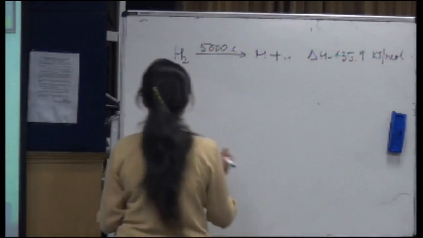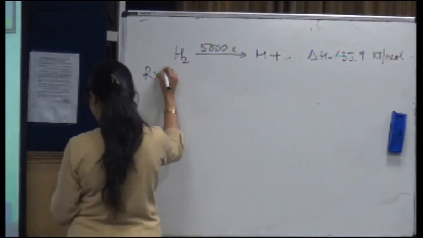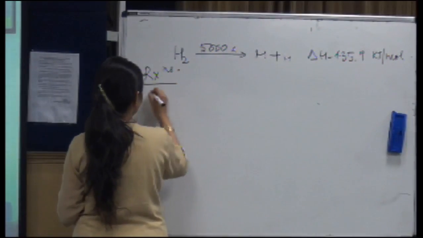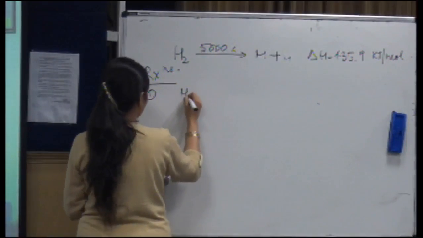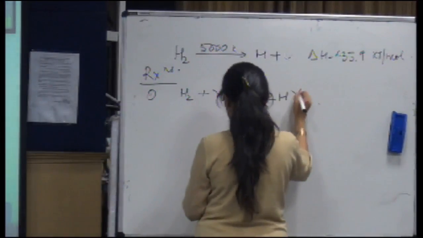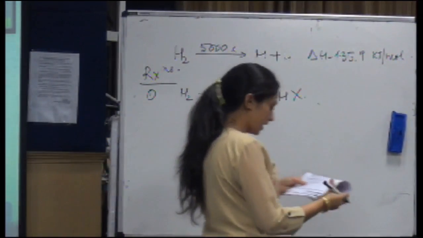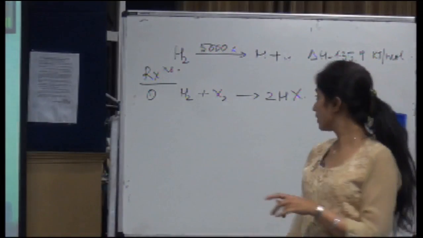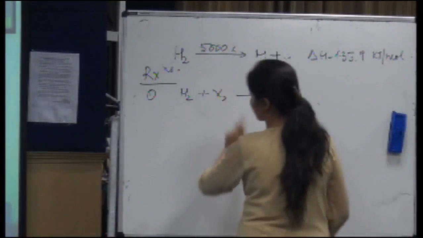Now, reaction with halogens. Let's talk about some of the reactions. First of all with halogens, which is H2 plus X2 that gives 2HX, where X is your halogen.